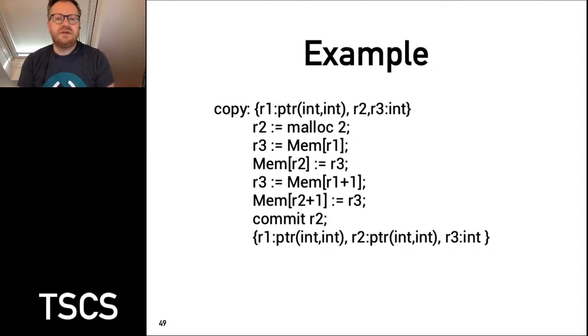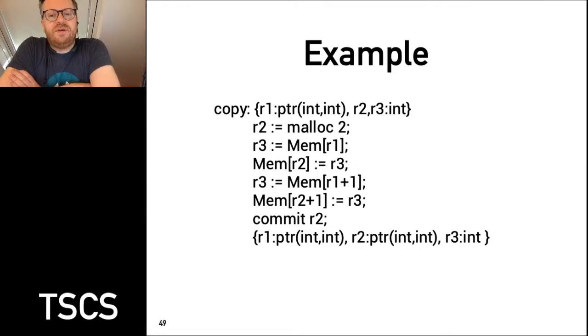So what happens is you take R2 and do a memalloc of 2. So you allocate this memory, this unique pointer, and then you take the contents of R1, the first word, and you store it to the register, and then you store it to the newly allocated unique pointer in R2.